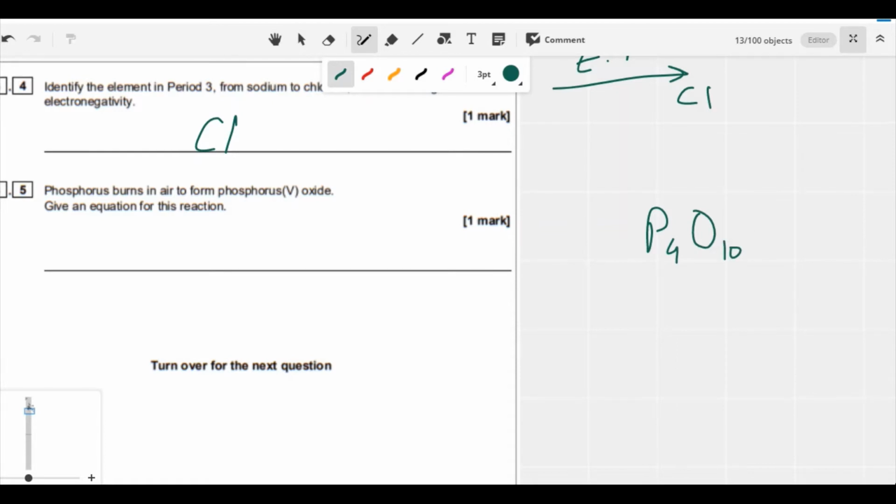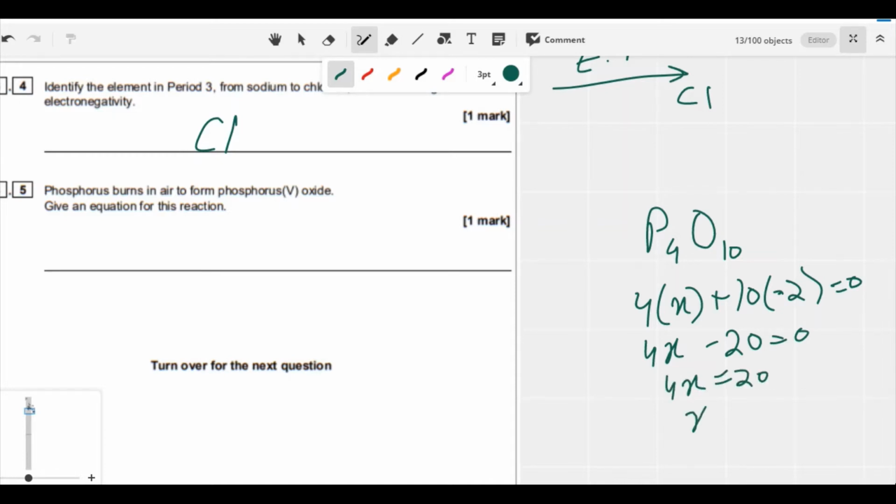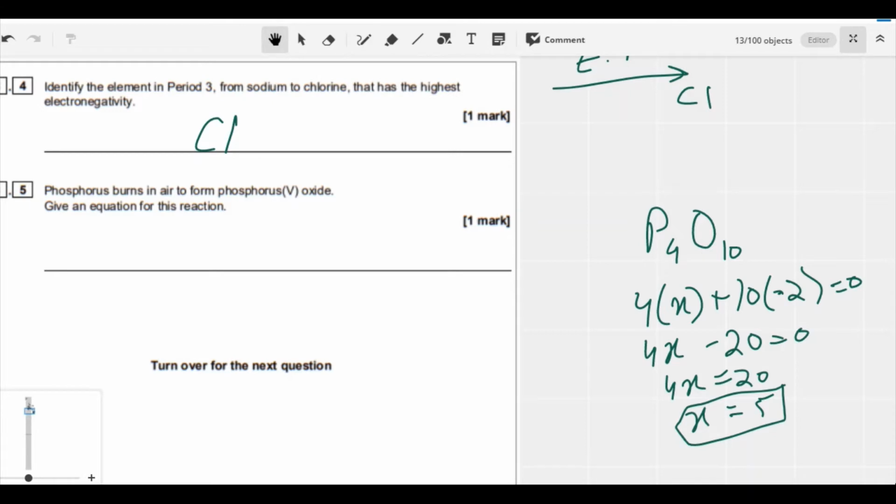Because you can calculate the oxidation state of phosphorus: 4 into x plus 10 into minus 2 is equal to 0. So 4x minus 20 is equal to 0. It means 4x is equal to 20 and x is equal to 5. So that's why we will use P4O10.